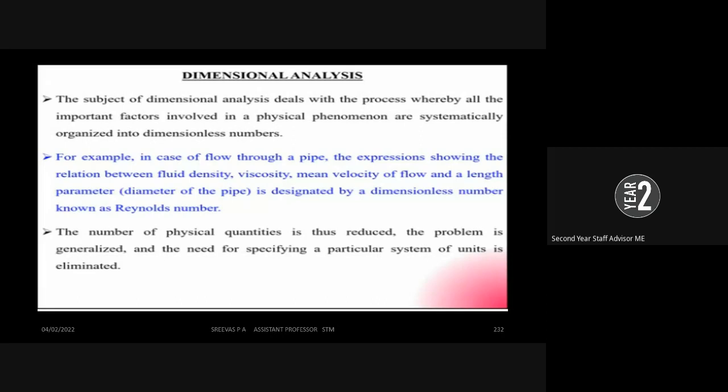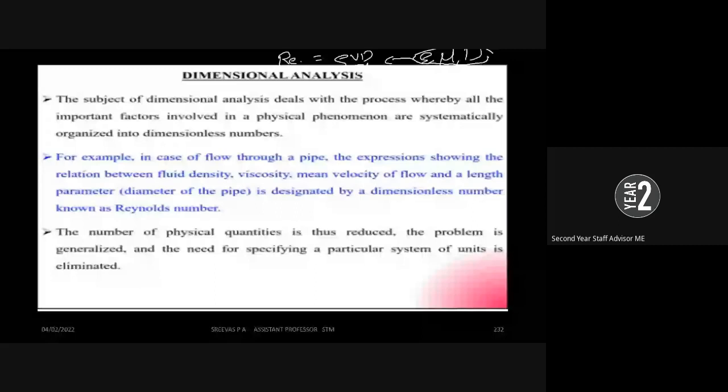If you consider pipe flow, there are a lot of physical fluid mechanical properties involved, such as density and viscosity of the fluid, and the physical dimension, that is the diameter of the pipe. But if you group all these things and represent them as a dimensionless number, that is Reynolds number, it is dimensionless, and that will be better.